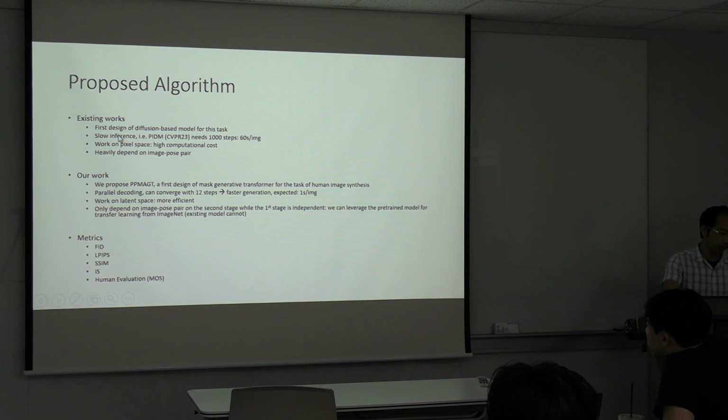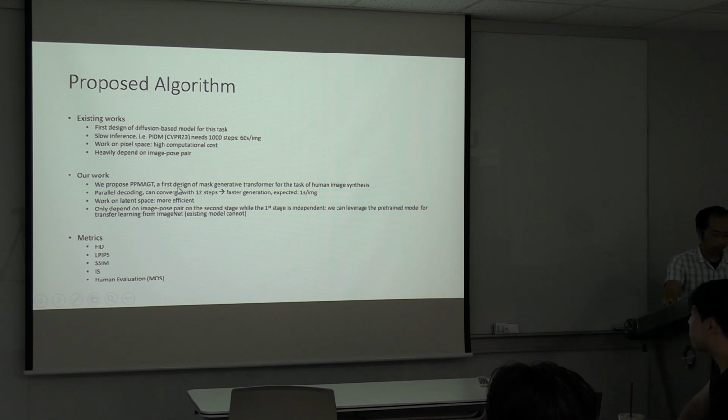And this approach only uses the image and pose pair, which makes it less flexible during training. So I propose to use one model designed as a Masked Generative Transformer, and because we can use parallel decoding, we can generate pictures in only around 10 steps, with faster generation, which takes just around 1 second per image.